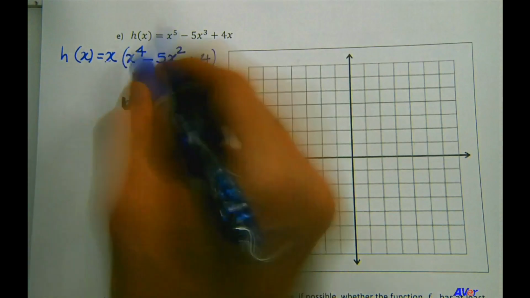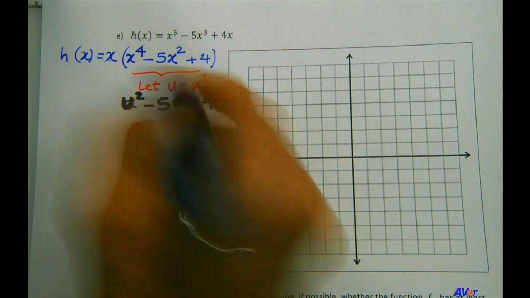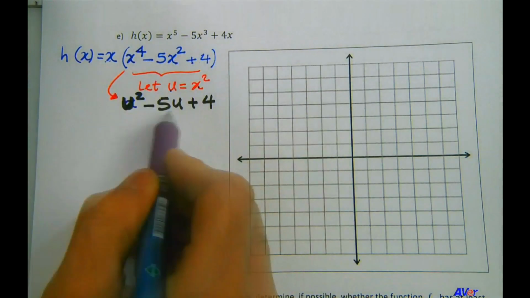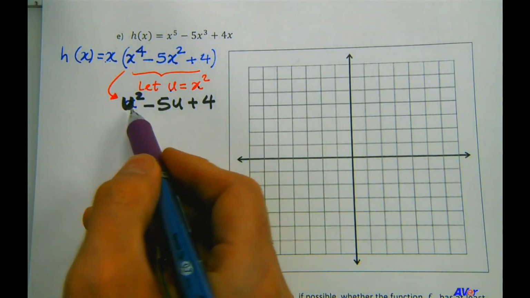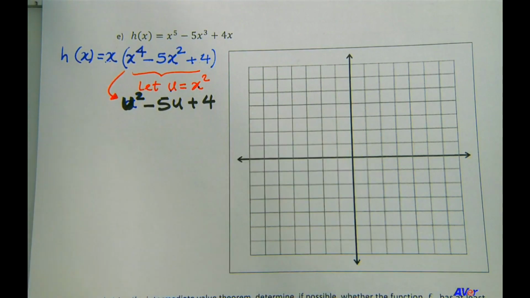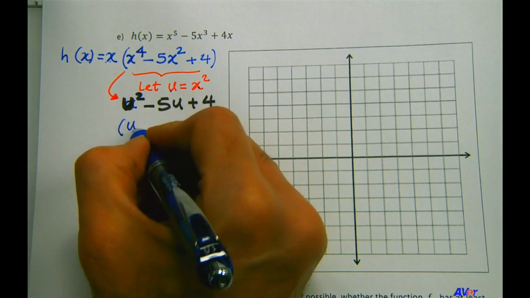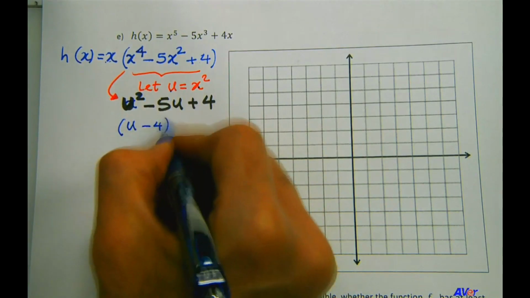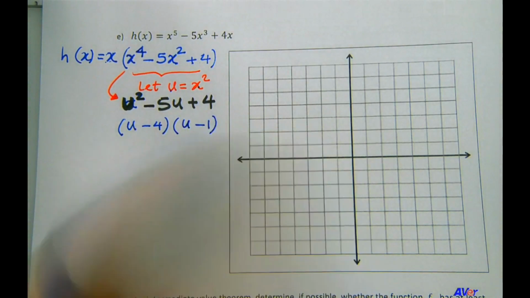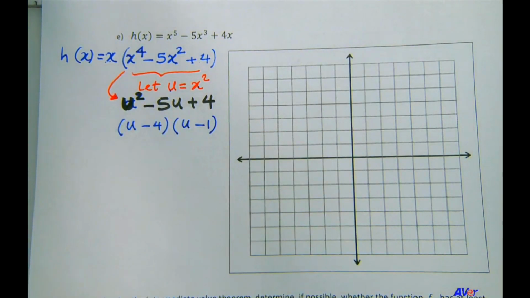So that's what happened. We used this substitution, and now we have that. Is that easy to factor or what? This is an easy quadratic function to factor, right? We write u minus 4 times u minus 1, right? That's the factorization of that.